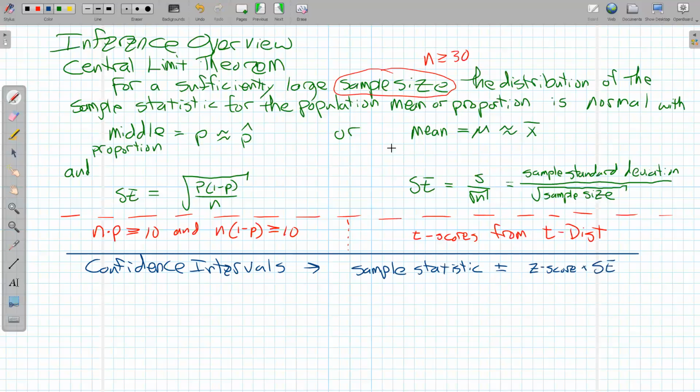And we have formulas for the standard error that we can apply from the central limit theorem, and then we just have to decide how to get the z-score.